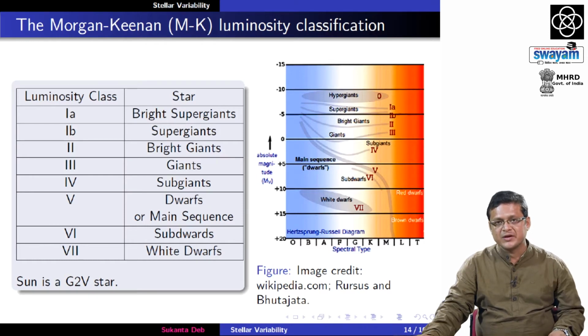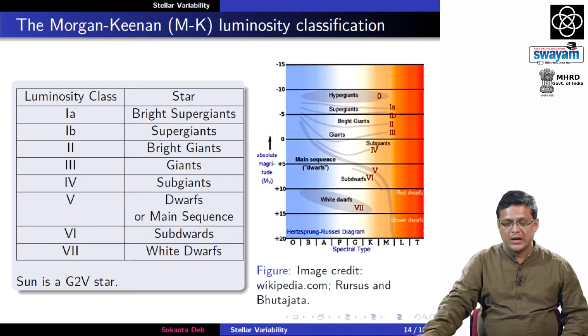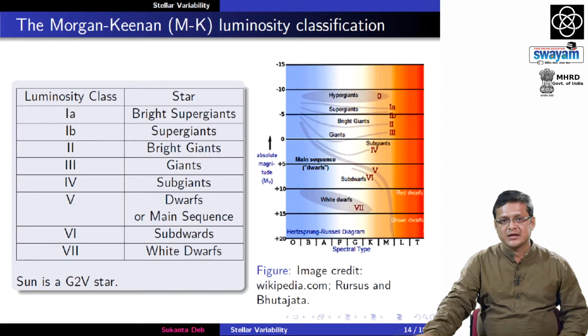Here stars are classified into different luminosity classes: bright supergiants are classified as 1A, supergiants as 1B, bright giants as 2, giants as 3, subgiants as 4, dwarfs or main sequence as 5, subdwarfs as 6, and white dwarfs as 7.